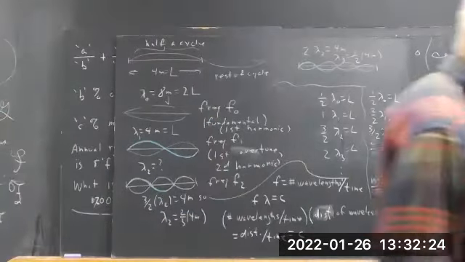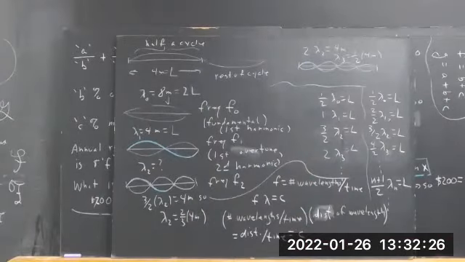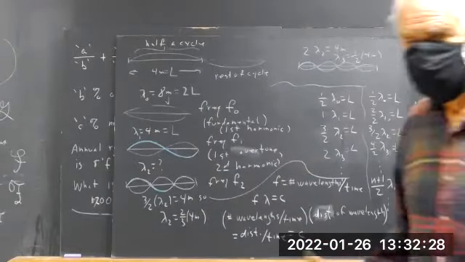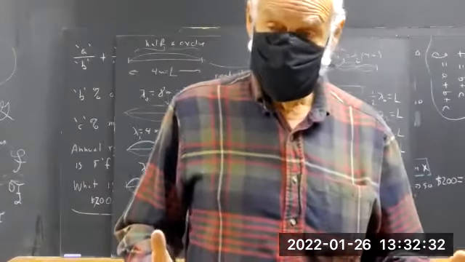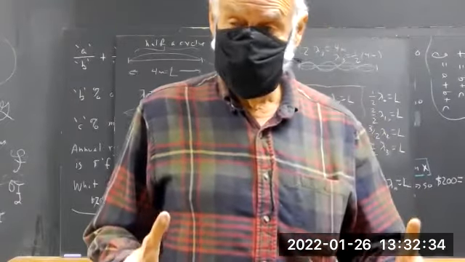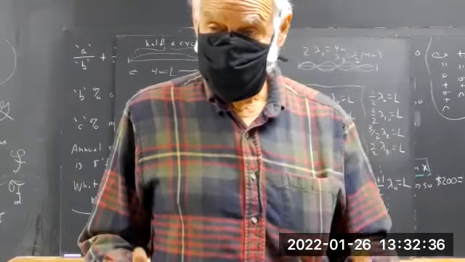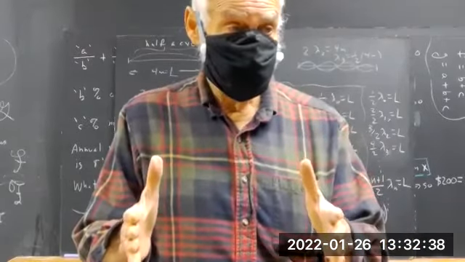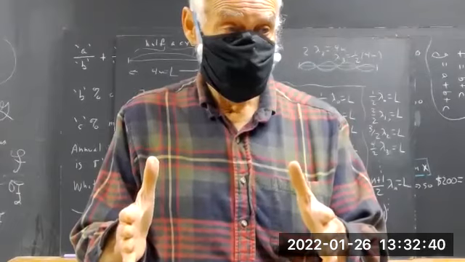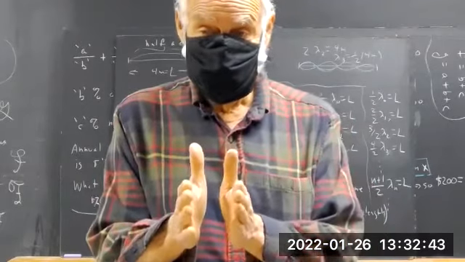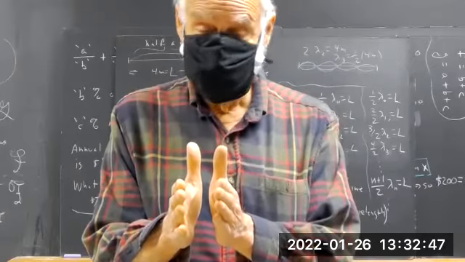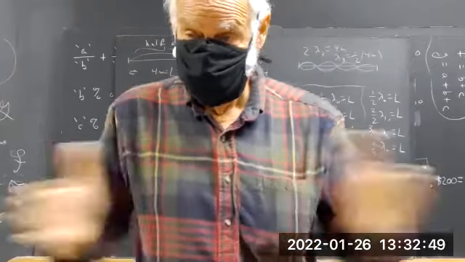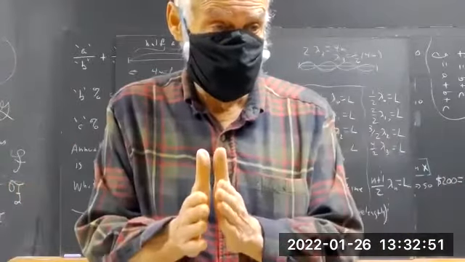If I have 10 wavelengths per unit of time, a frequency of 10 cycles per second, and the wavelength is this much. Here's your wavelength. 10 of these per unit of time means I go that far in a unit of time, 10 times this far, right?